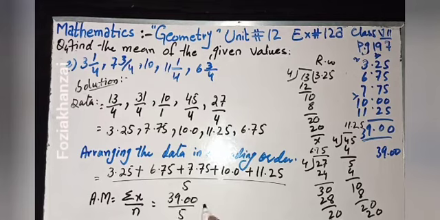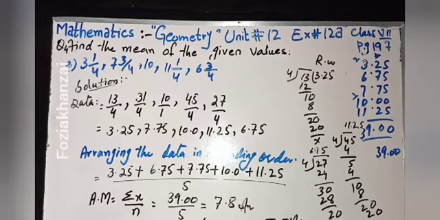Divided by 5 is equal to 7.8. Arithmetic mean is 7.8, the average value of the data is 7.8.